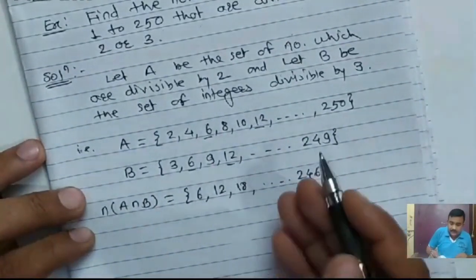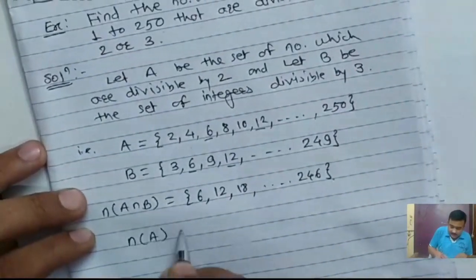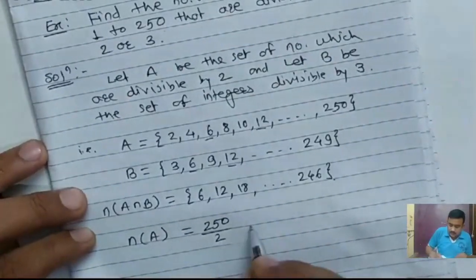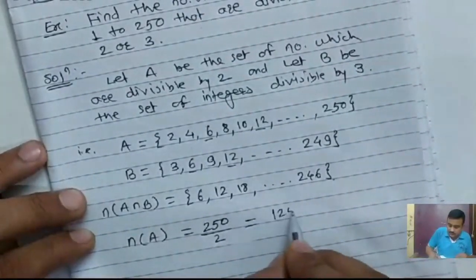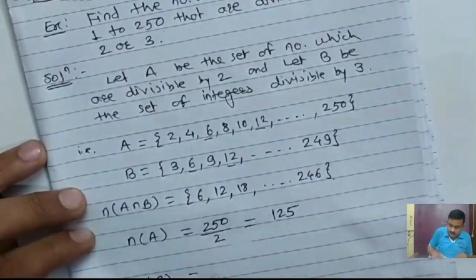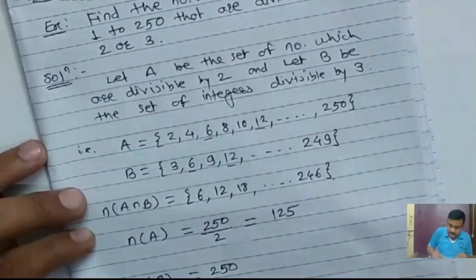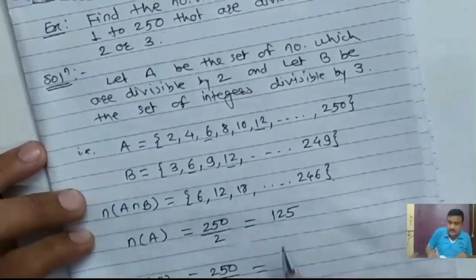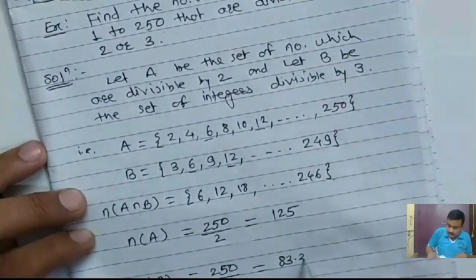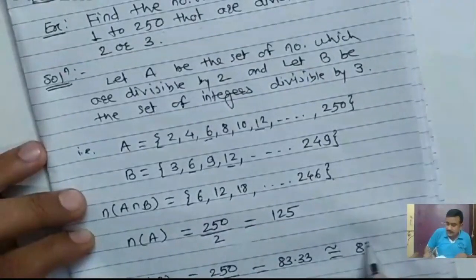We directly calculate the number of elements in A as the range 250 divided by 2, which equals 125. Again, the number of elements in B is 250 divided by 3, which equals 83.33, nearly 83.